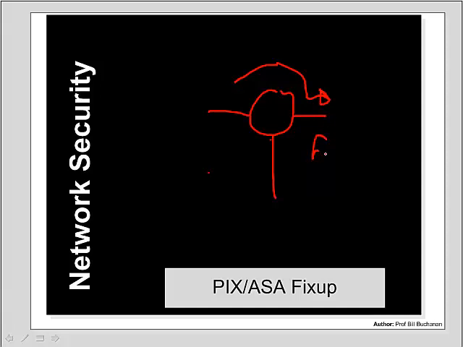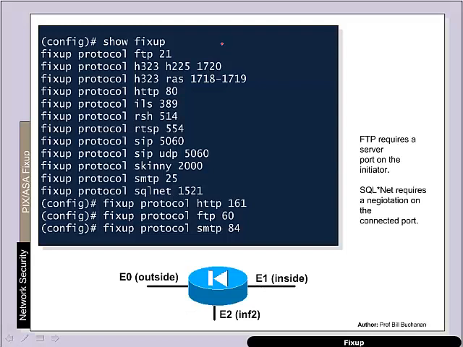So typical difficult protocols are FTP and RSH. SIP also creates certain problems. So if the protocols that we have map to different ports, we can use the fixup protocol command to actually define which ports these difficult protocols relate to.